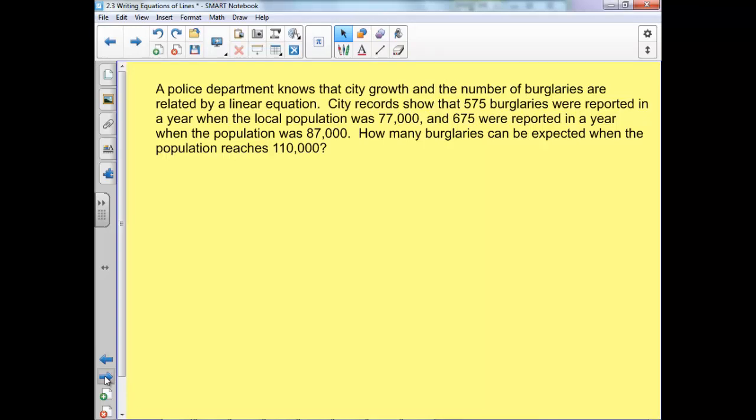So we know that there were 575 burglaries when the population was 7,700. So that is our first ordered pair.